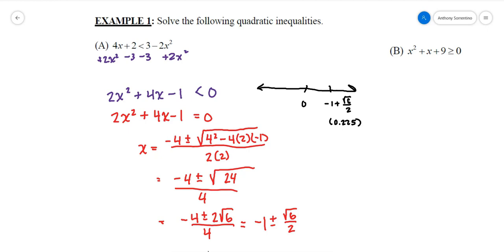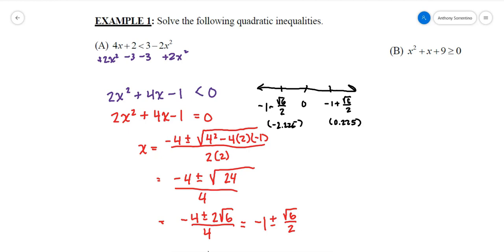And of course, negative 1 minus the square root of 6 over 2, it's starting negative and me subtracting more from it, it's going to be negative. If I carry through the subtraction, that's about negative 2.225.